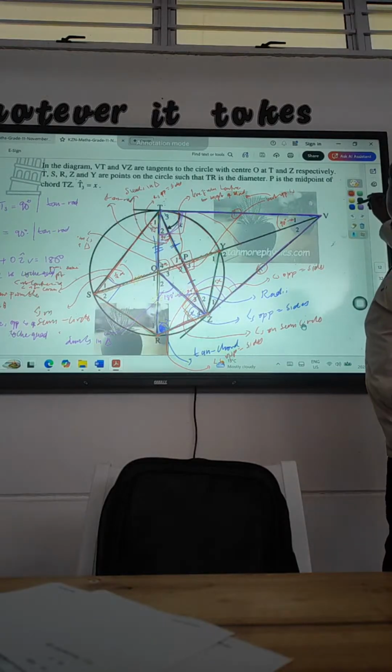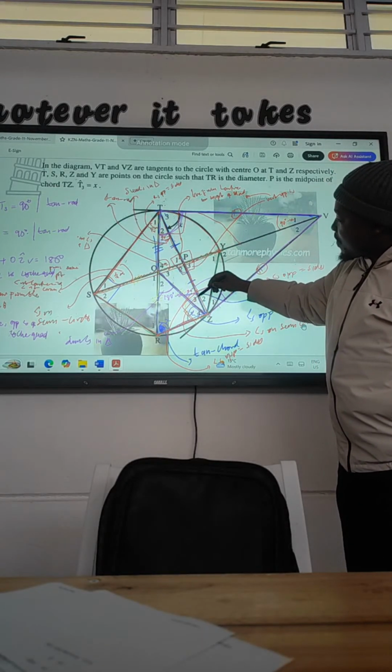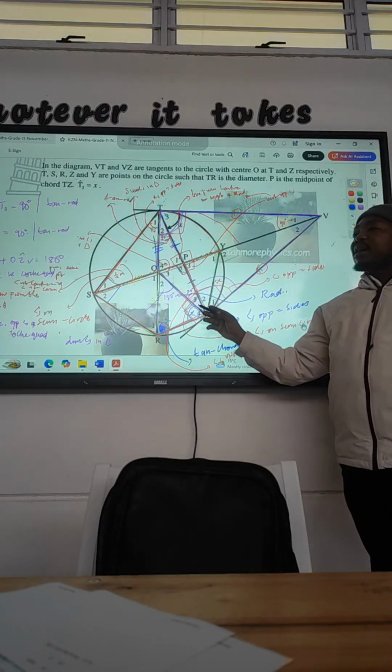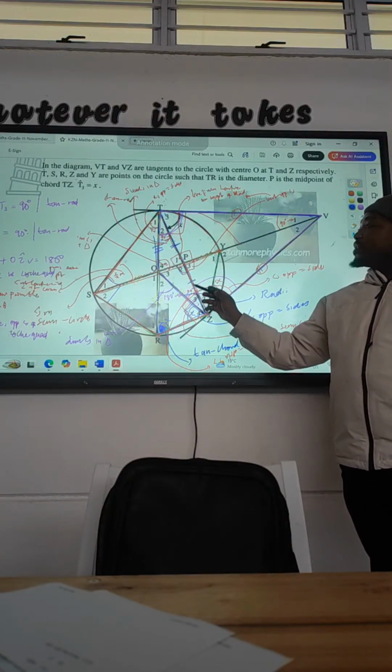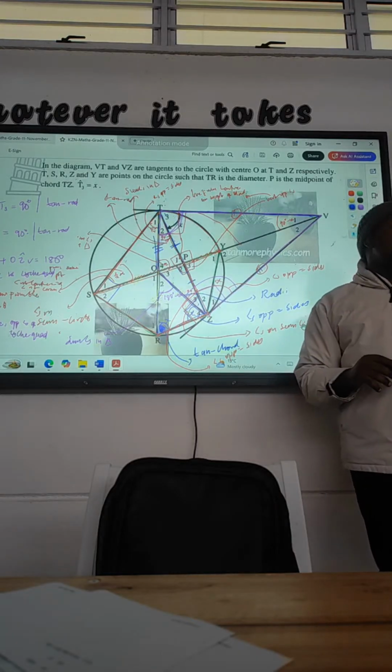This one is very important for you to have that information. We have a 90. We also have a 90 this side. You said this was x. You said this was 90 minus x. And when you add these two, they will give you 90. This will also give you 90.